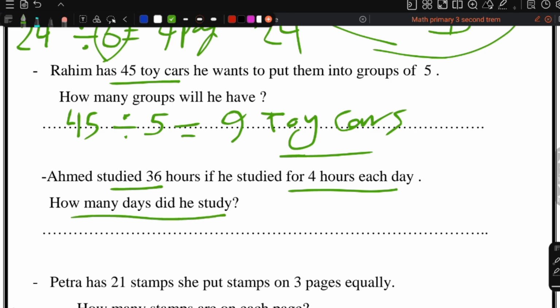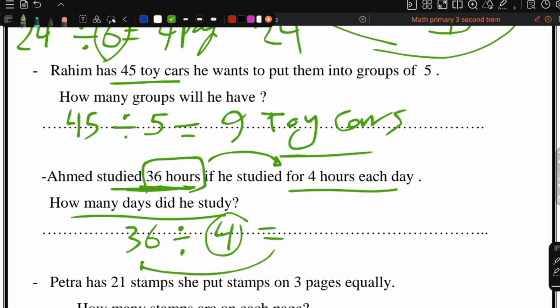So how many days in all? You will divide 36 by 4, and you ask yourself, 4 times what number gives me 36? Yes, exactly 9. So 9 days.